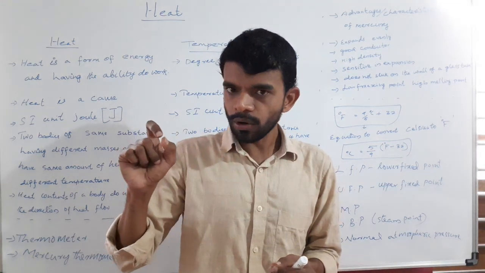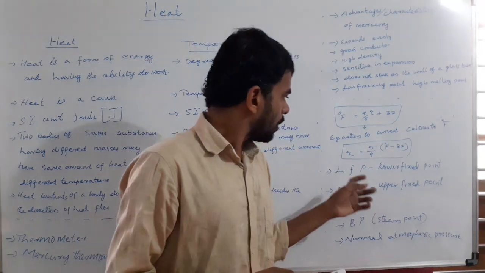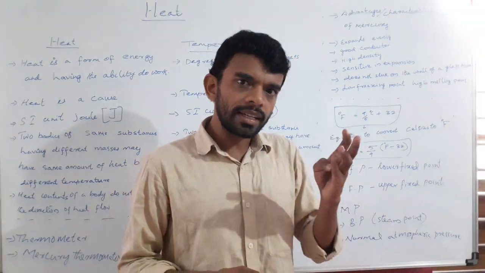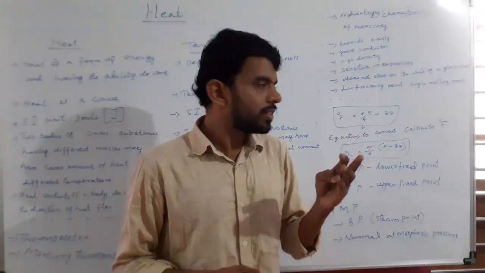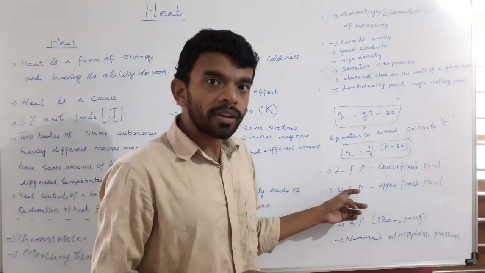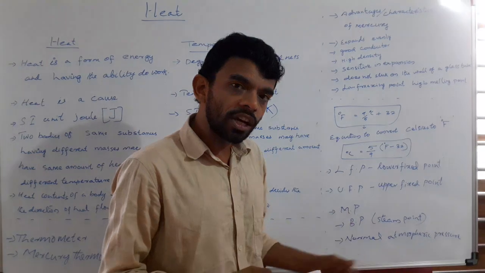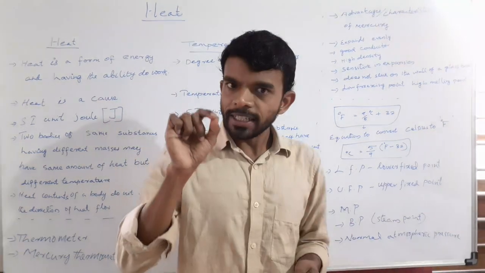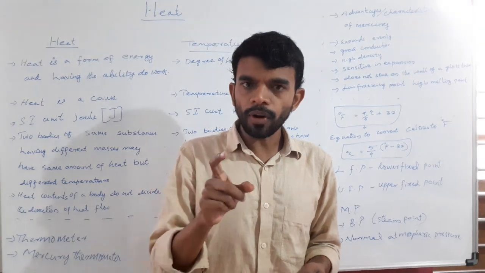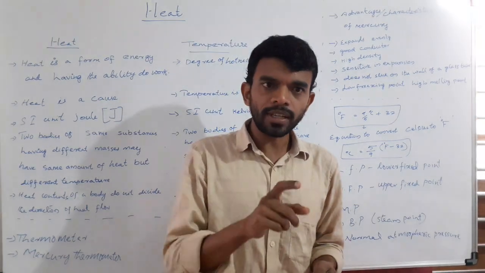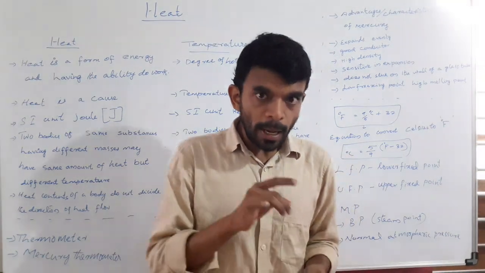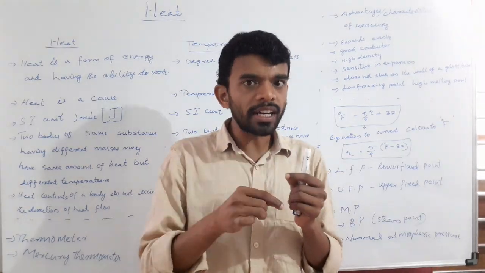So the melting point of ice is the lower fixed point in degree centigrade or Celsius, and in Fahrenheit also the melting point of ice is the lower fixed point, but their numerical values are different.